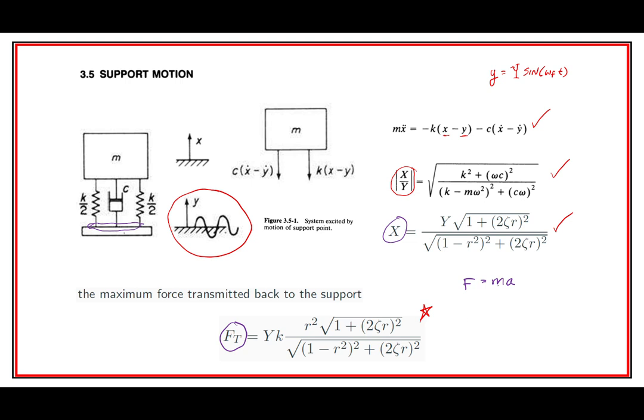So we could replace that acceleration with capital X omega f squared, and let's call it F_T right there. Okay, so this is the F_T right here, and if we want to continue with what we have up above, we'll take that x and rewrite this out here.